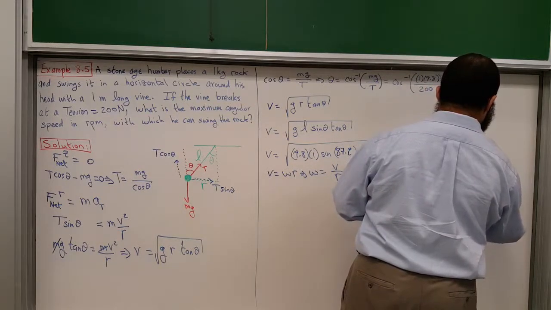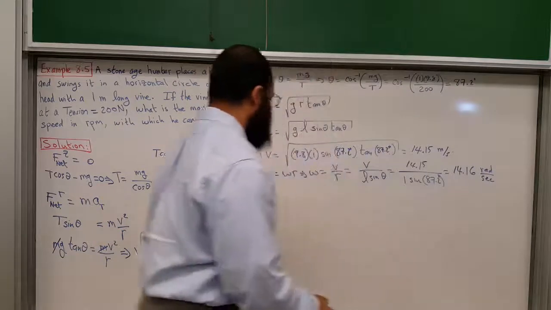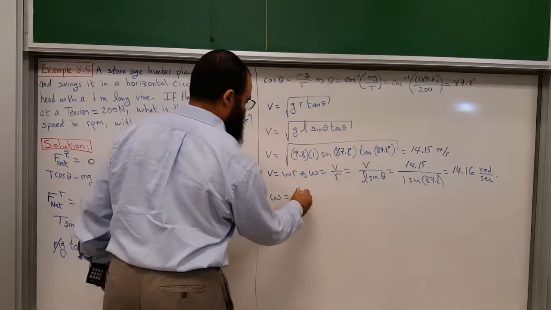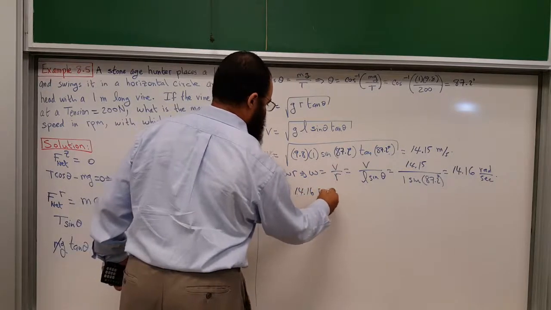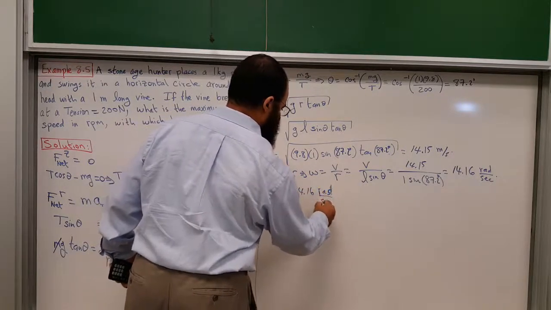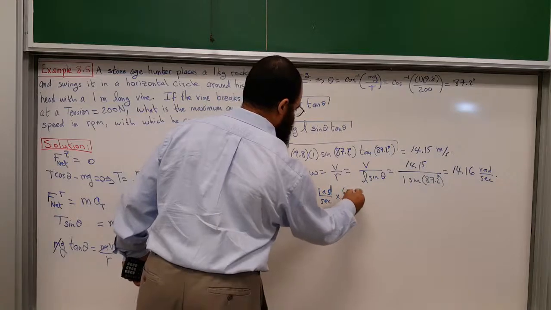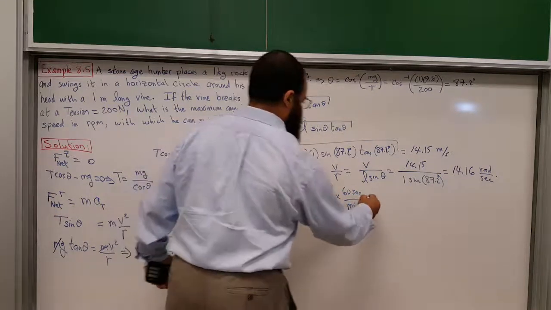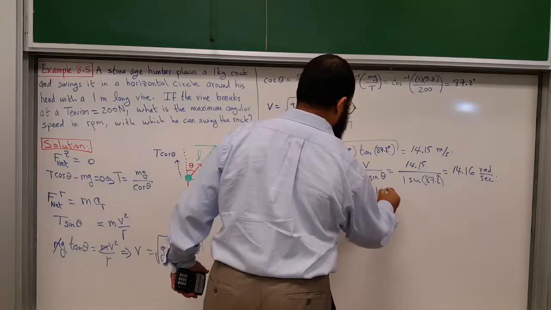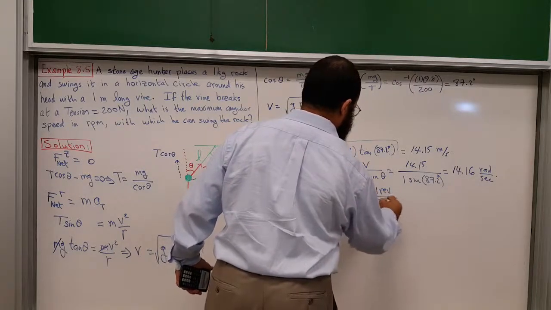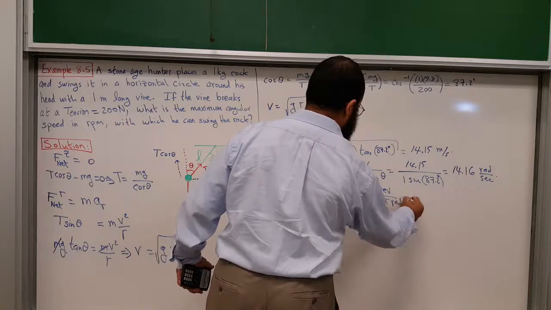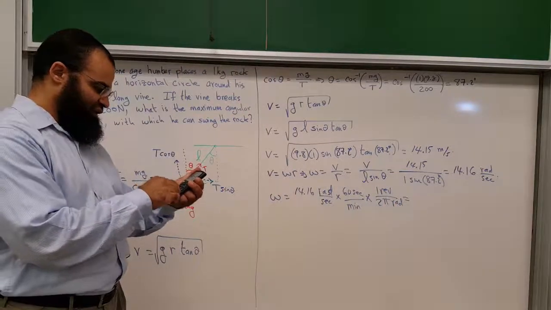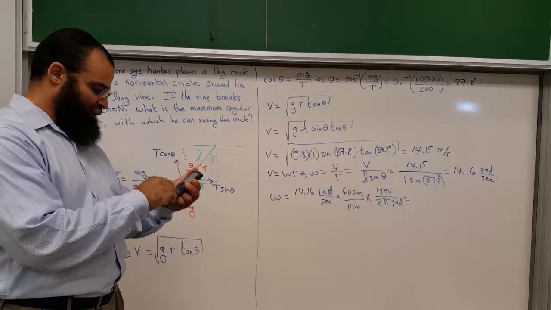radians per second, and we need to change that to revolutions per minute. So omega, which is 14.16 radians per second, times 60 seconds per minute, times 1 divided by 2 pi.